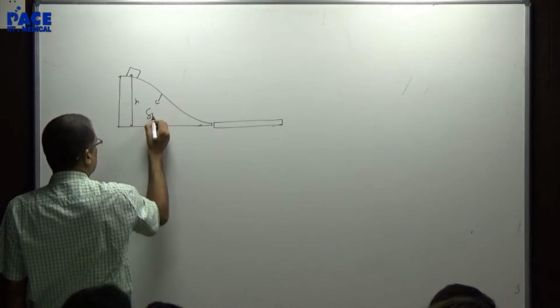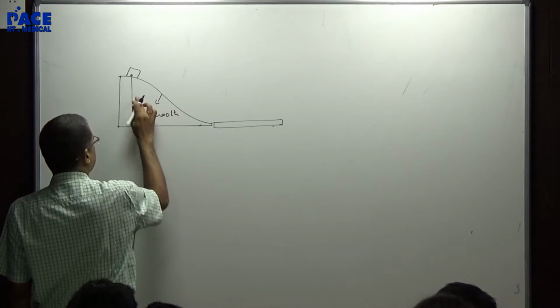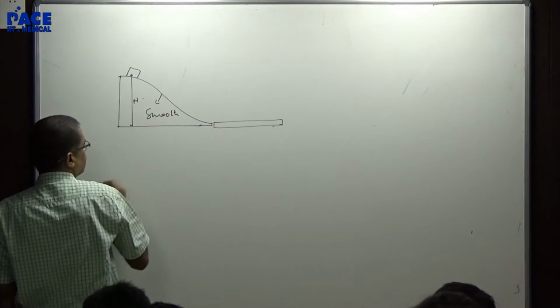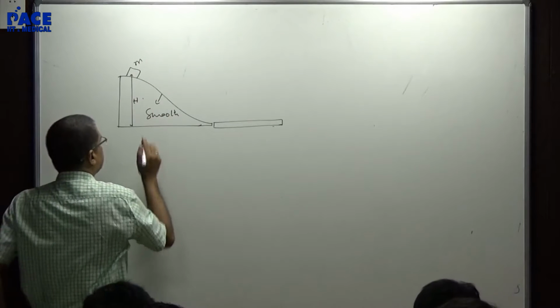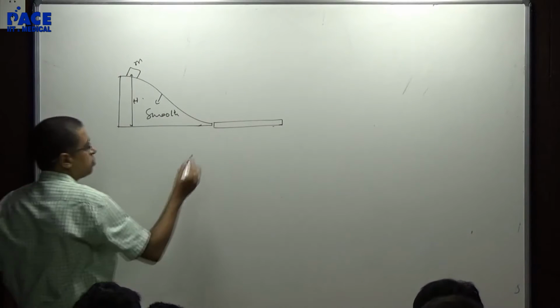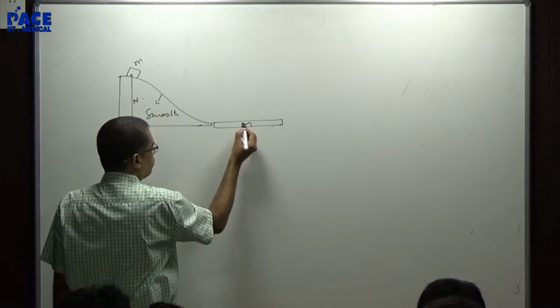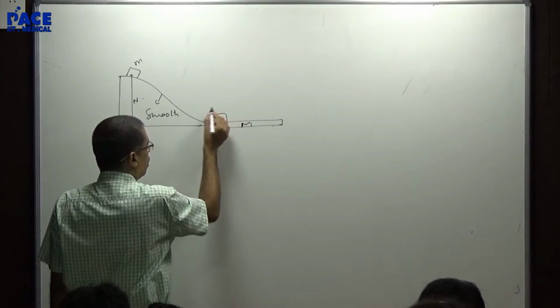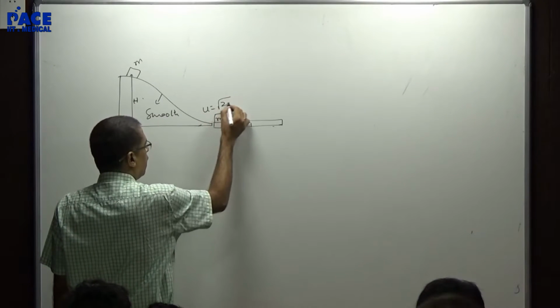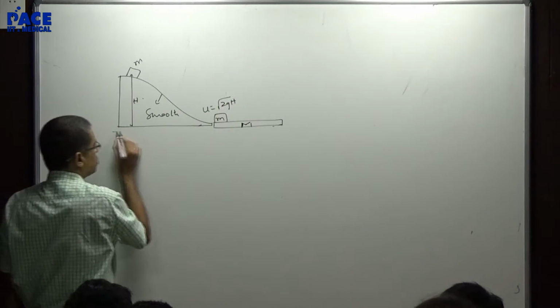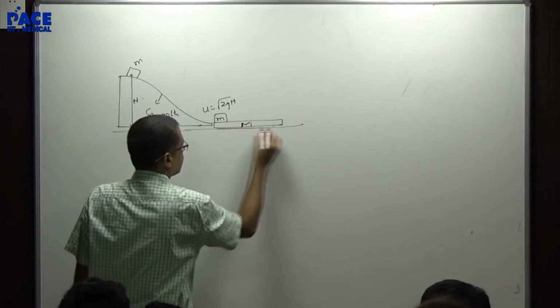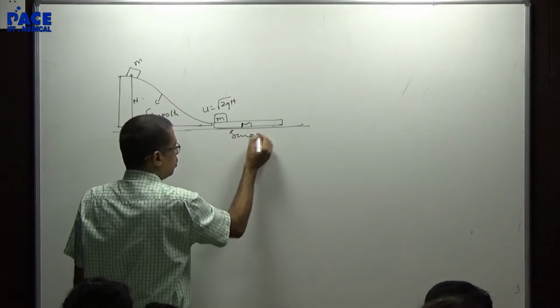this is a smooth hill. A block of mass m slides down the smooth hill and it will come onto the platform. What will its velocity be? Under root 2gh. Yes or no?